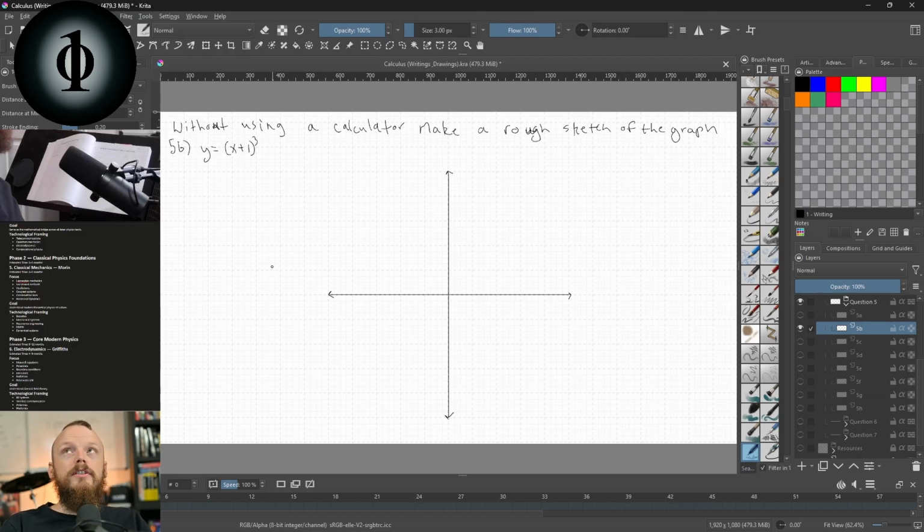All right, let's do one here. Let's build a set of points. So for 0, 0. No, actually, when x is 0, y is 1.